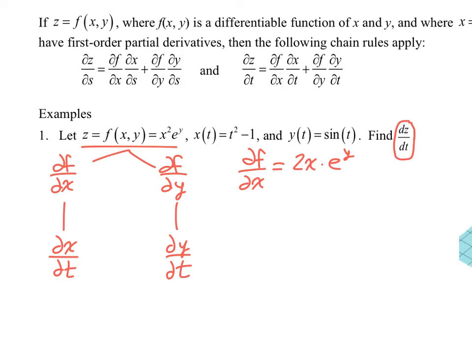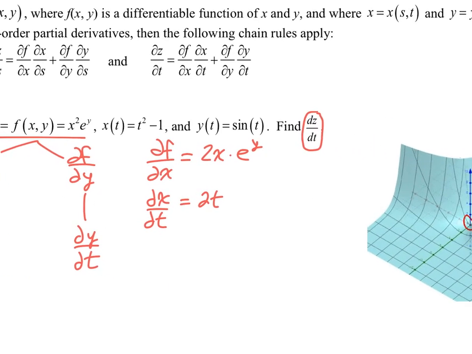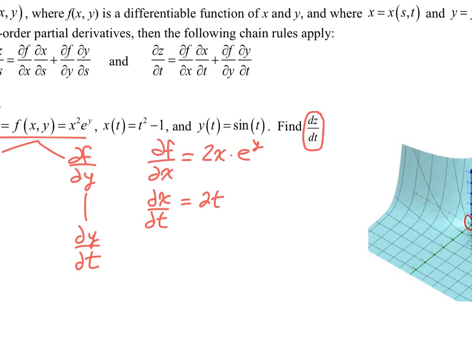It's just a constant multiple. Then the derivative of x with respect to t is going to be 2t. So I'm going to multiply these two together, and that's going to give me 4xt e to the y.